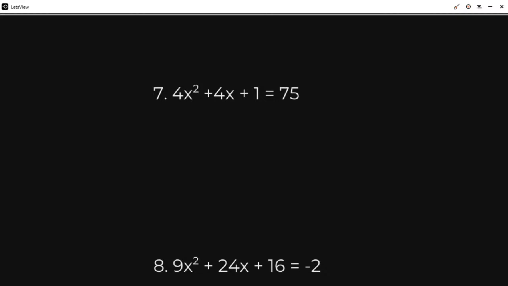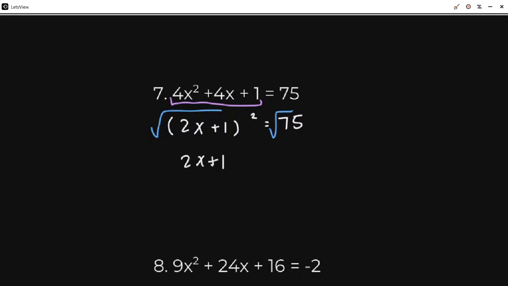Okay, next one, we have 4x squared plus 4x plus 1. This here, oops, I should have used purple. This here is a perfect square trinomial, so that's 2x plus 1 squared, and that equals 75. Then we're going to square root both sides. So we get 2x plus 1 equals plus minus, I'm going to simplify this on this side here.